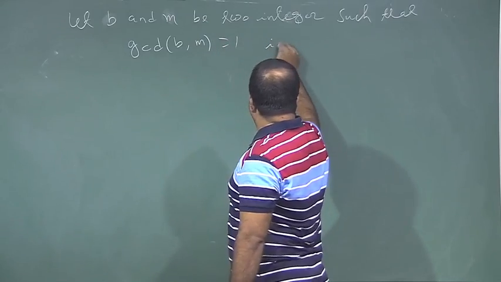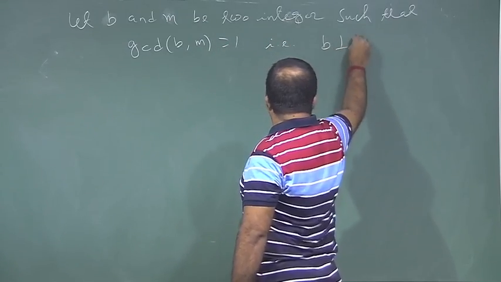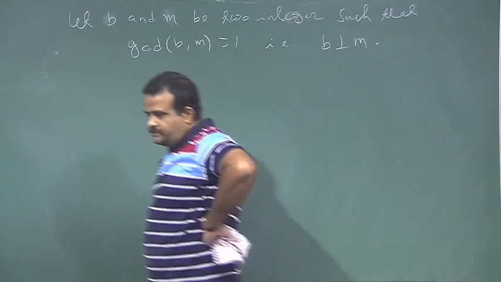That is, they are relatively prime, so B is relatively prime with M.